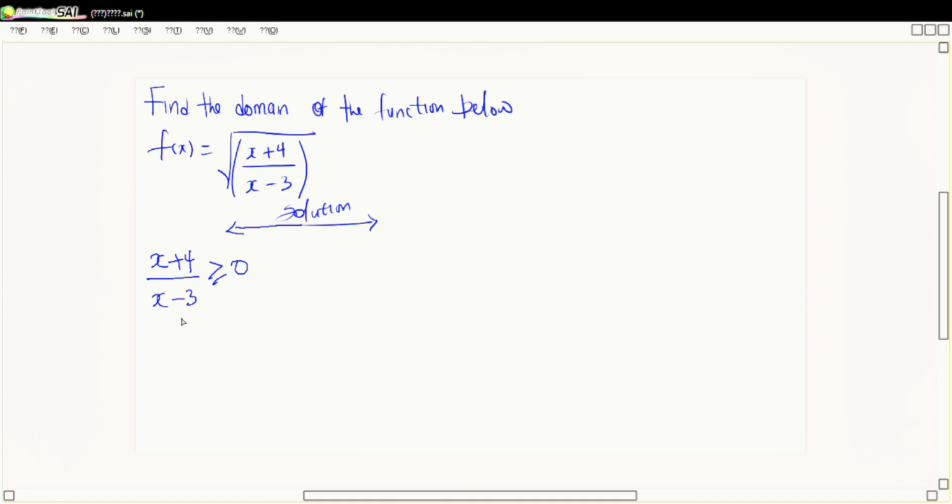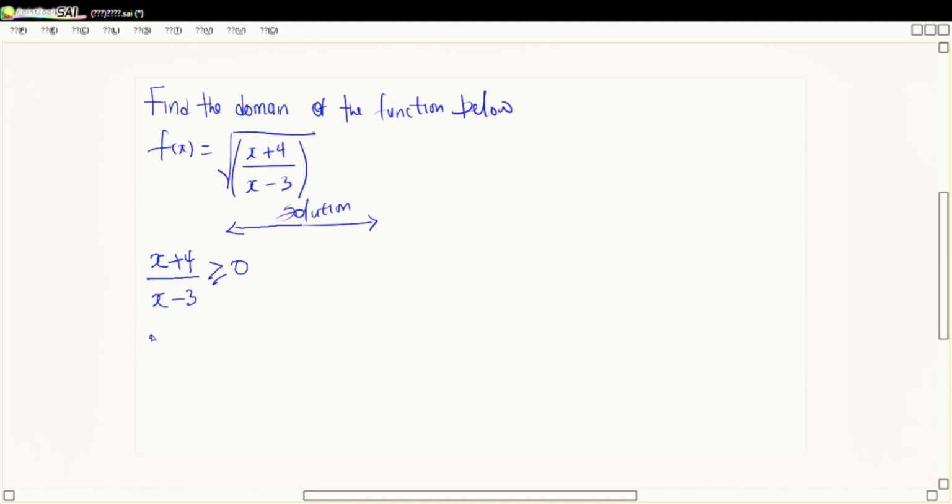At this point, I know many of us want to cross multiply, but it is not right to cross multiply here. So what do we do? We multiply both sides of the inequality by the square of the denominator.